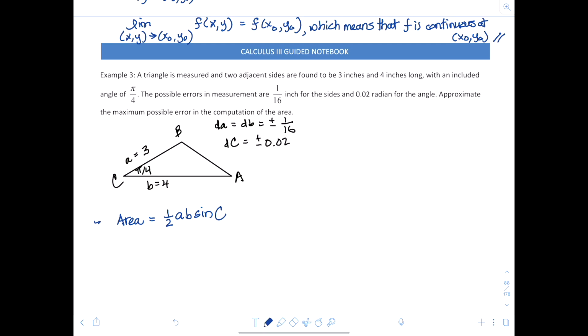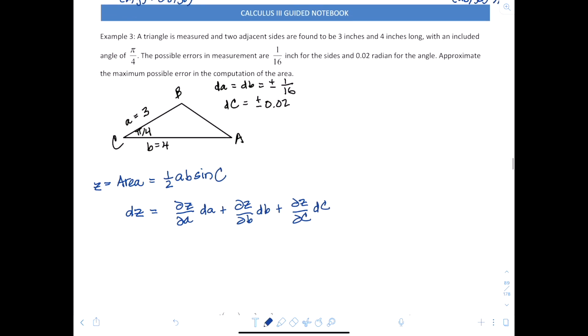Let the area be equal to some z. dz would be equal to the first partial derivative of z with respect to a times dA plus the first partial of z with respect to b times db plus the first partial of z with respect to the angle c times dc. Cool so far? Okay, so let's find those partials.